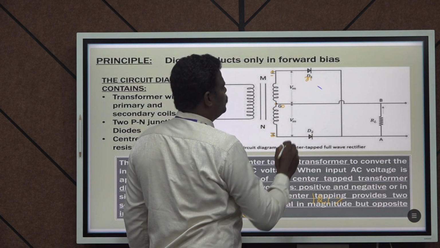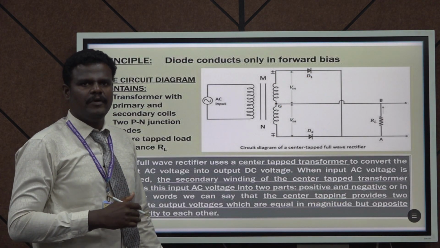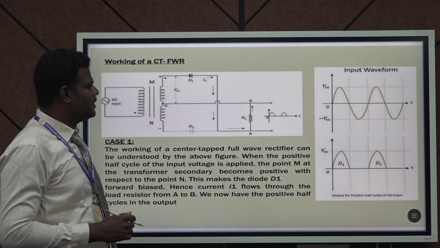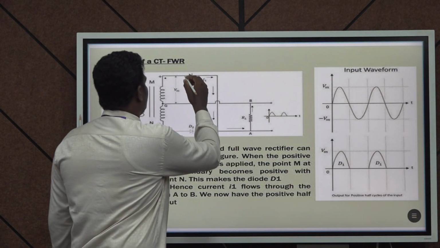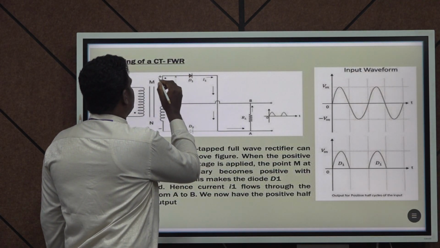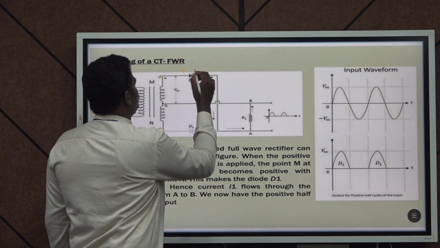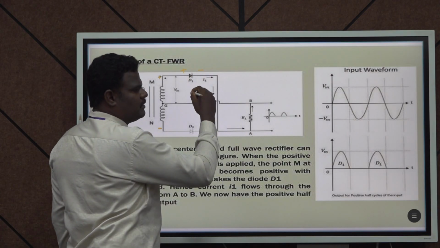The working of the full wave rectifier is split into two modes. The first one is the positive half cycle. During the positive half cycle, the diode D1 is in forward bias. During this cycle, this terminal is plus and this terminal is minus, so D1 is in forward bias and therefore the diode is in on state.